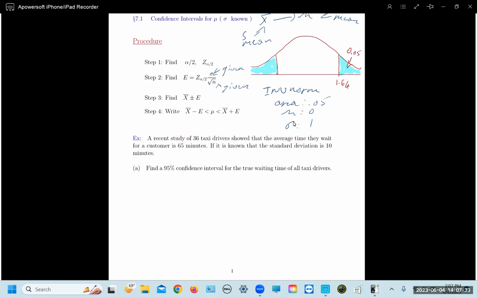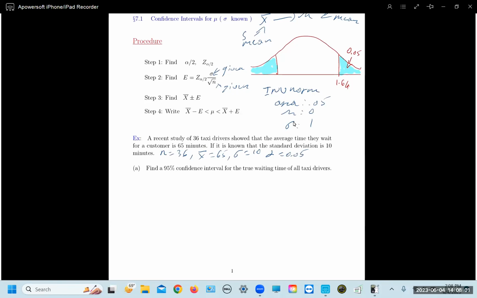So here n is 36, X bar is 65, sigma is 10, and alpha here is 0.05.